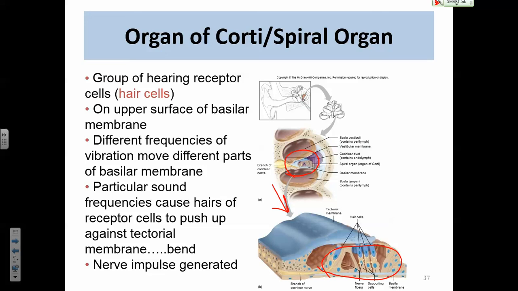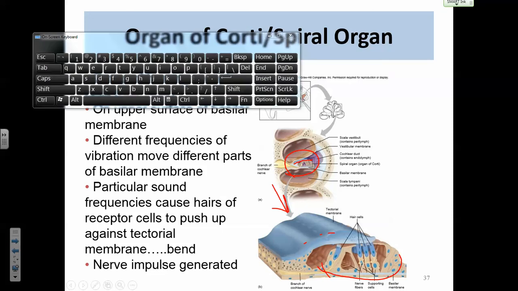And do you see this, what on this picture looks like a blue membrane above it? That's a membrane that goes about halfway out that middle compartment. And it's the only thing in here that never moves. It stays still. And when it stays still, the organ of Corti can move up against it. And at the edge of that, those cells, do you see, they're called hair cells.